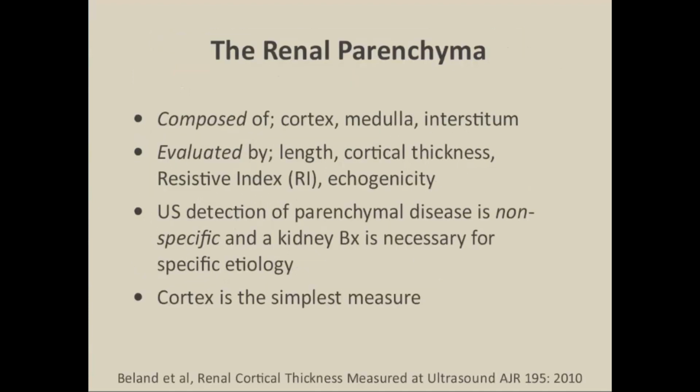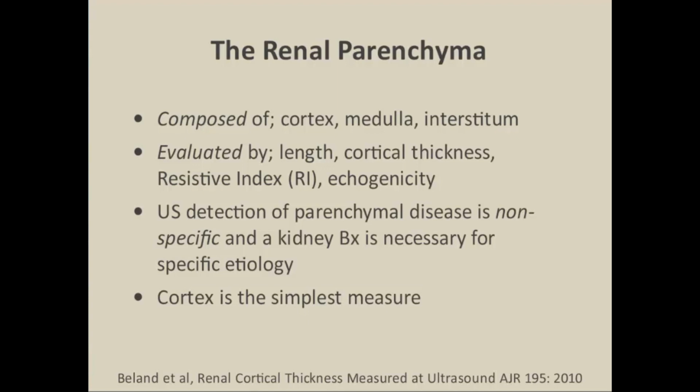When we look at the kidney, we're talking about an entity which is composed of cortex and medulla, which define the parenchyma of the kidney, and then the interstitium. Now, how do you evaluate the kidney? You can evaluate it by length, which we do primarily. We can do cortical thickness, we can do resistive index, and echogenicity.